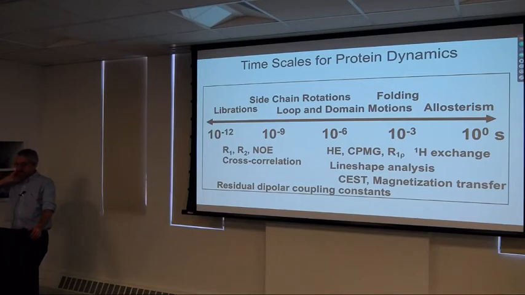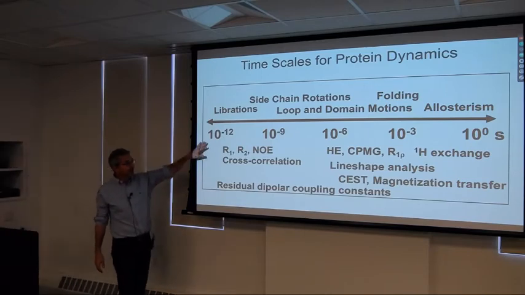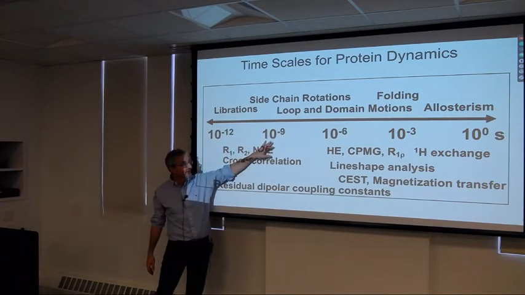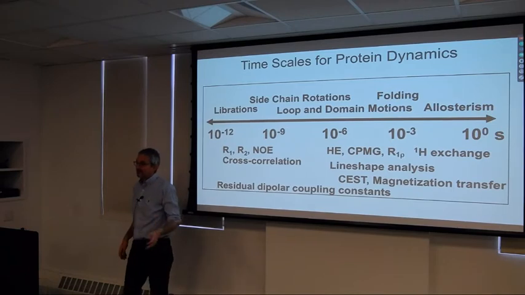Motions in biological macromolecules happen over a very wide range of time scales. I don't even show on here bond vibrations, which are 10 to the minus 14th seconds, 10 to the minus 15th seconds. But then the picosecond to nanosecond time scale will cover processes out to the tumbling time of the molecule.